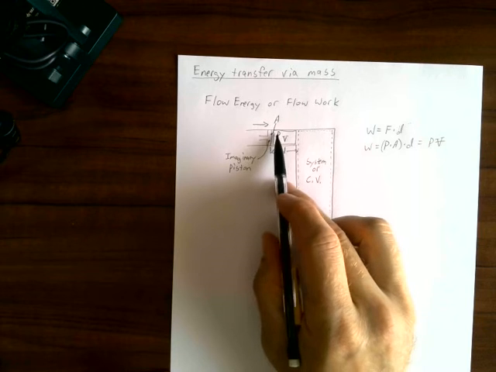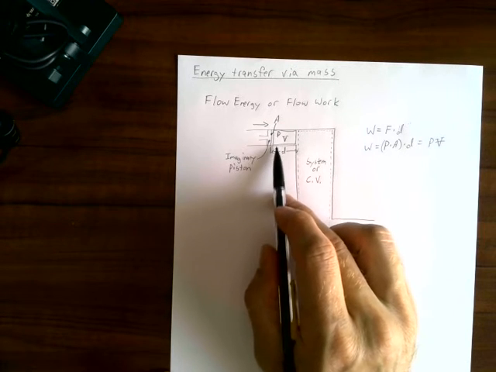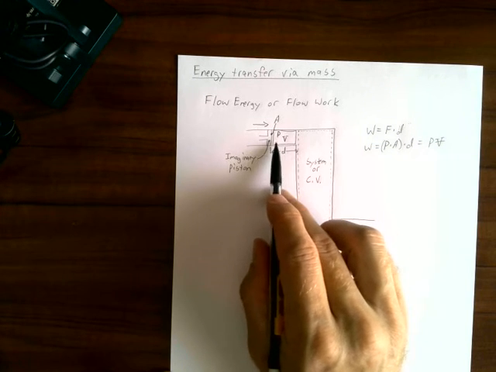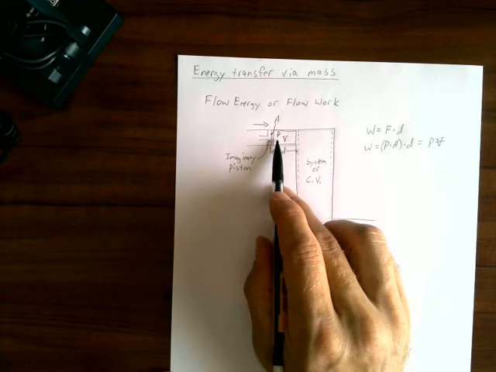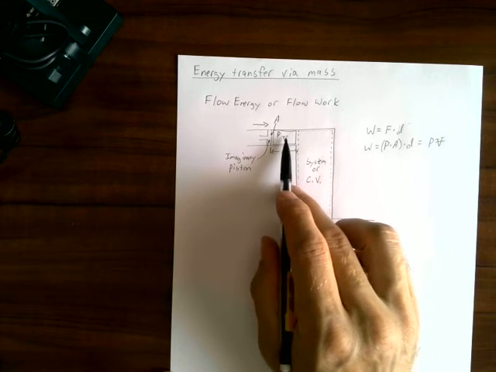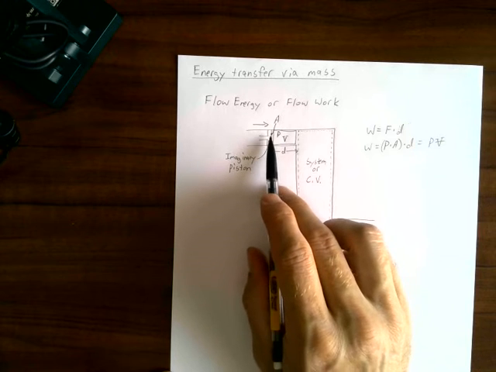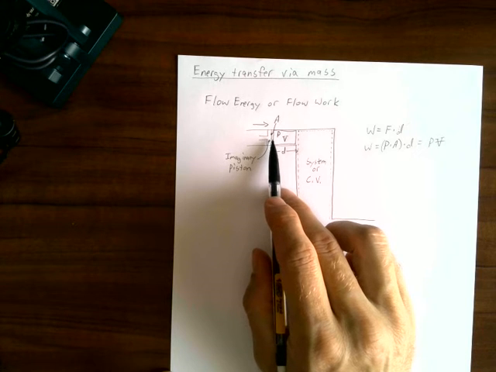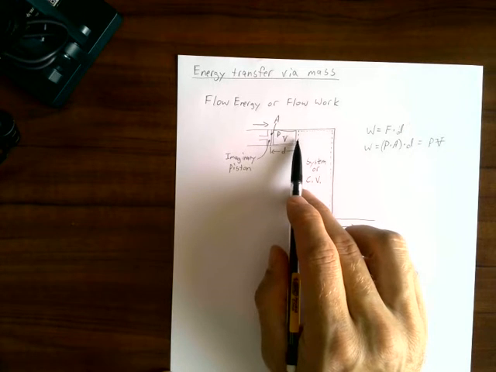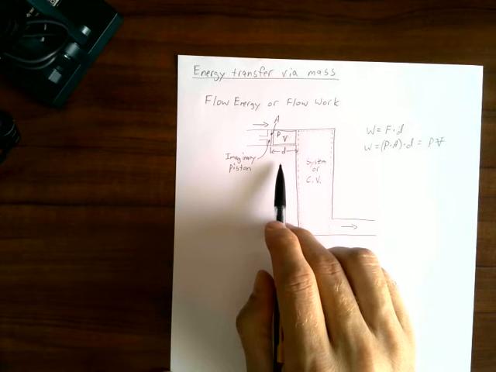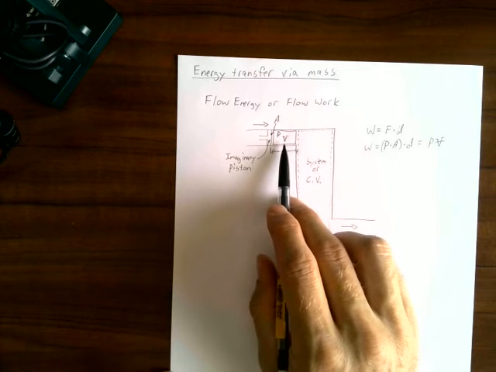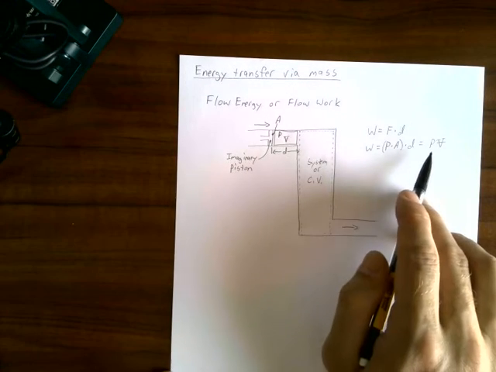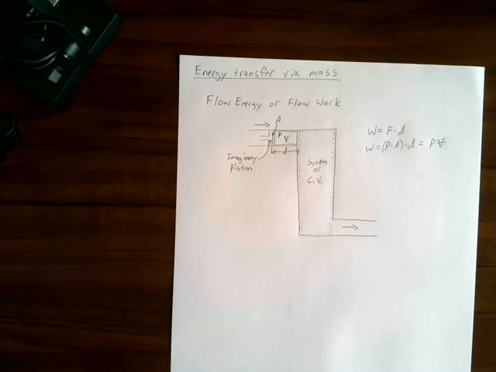So the pressure times the volume of the displacement of this imaginary piston, the amount of displacement required to push this fluid contained in this segregated little block into our system, is equal to the pressure of the fluid multiplied by the volume of the fluid that was displaced into the system. Okay, and this works for any size. I'm going to show you here in a second, but it doesn't matter how small this goes. So in the limit, this becomes sort of like a continuous quantity. All right.